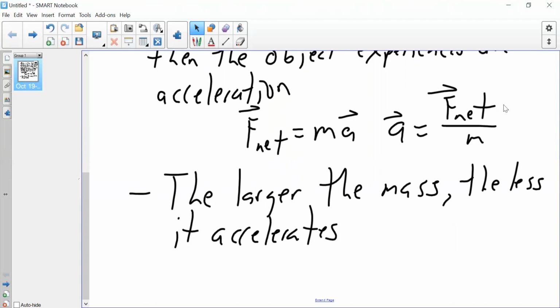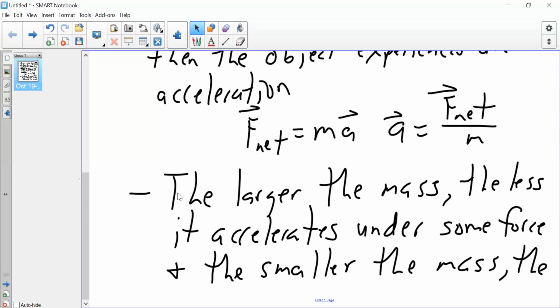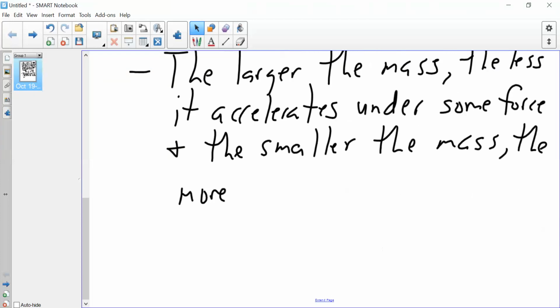So large mass, small acceleration, under some force. And the smaller the mass, the more it accelerates under that same force.